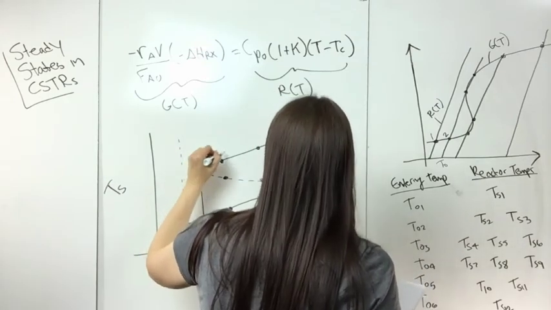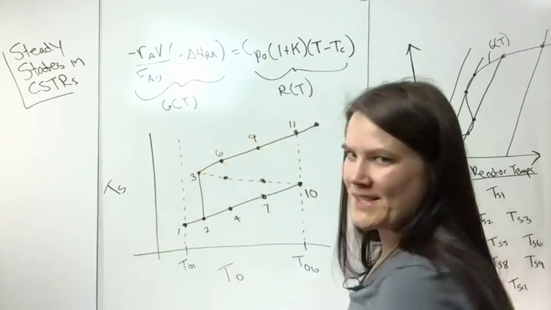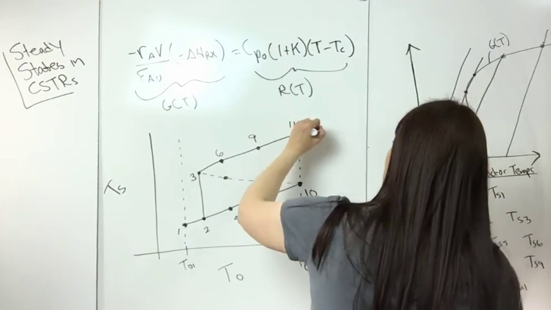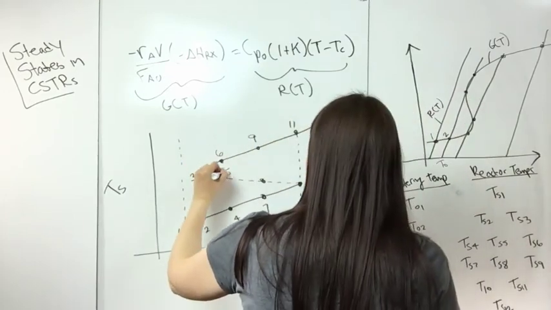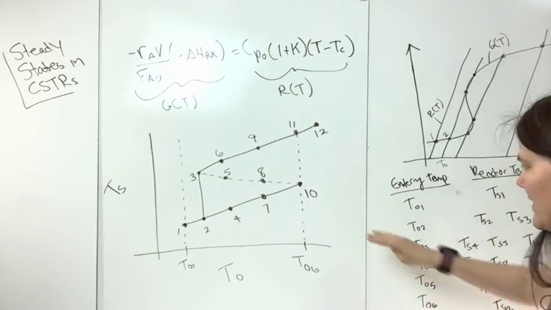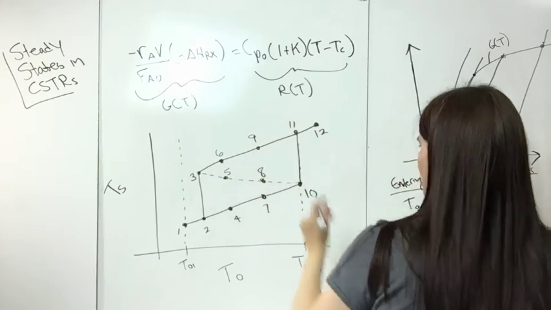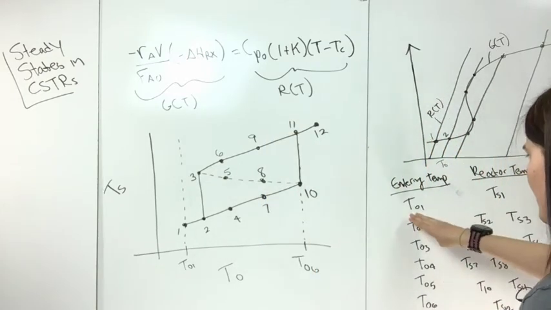So this is 3, 6, 9, and I'll explain all this in a minute. 12, 5, and 8. So these are all of your potential steady states with the entering temperature.